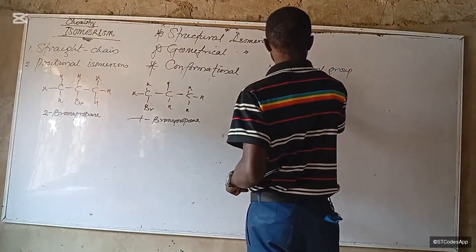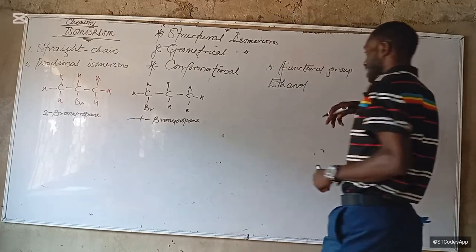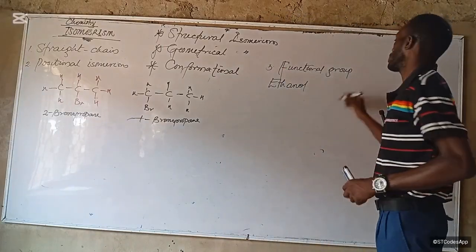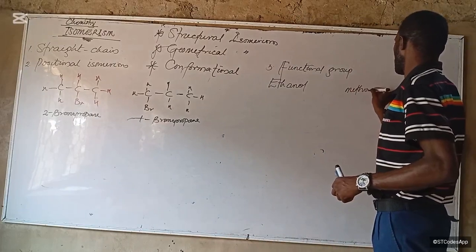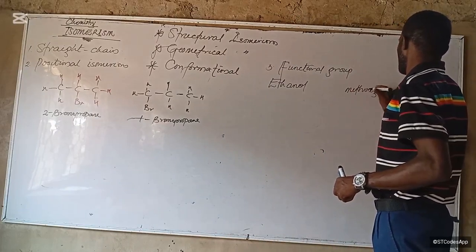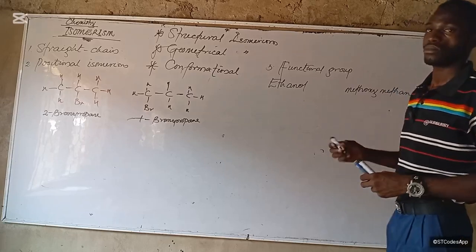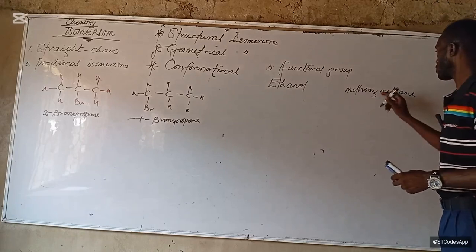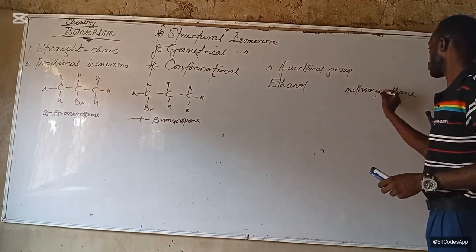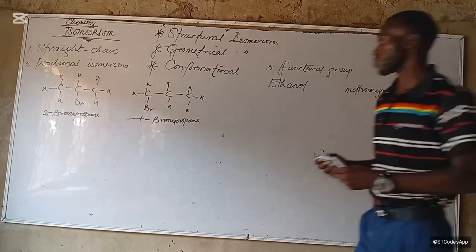We have ethanol and we have methoxymethane. There's no space between them. Methoxy. All right. So what is the structure?